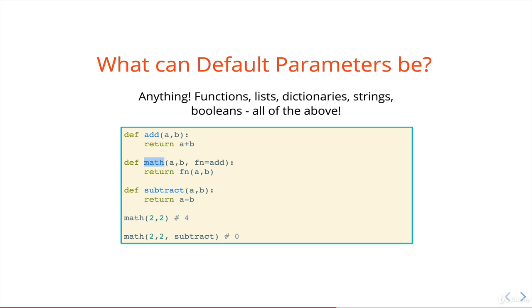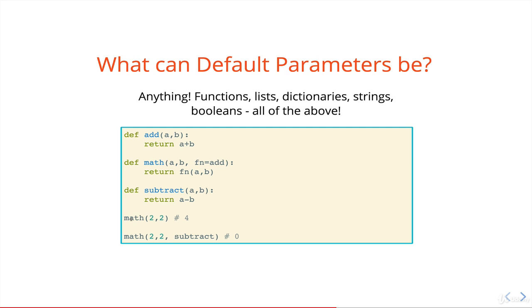Same thing with subtract. We have subtract, which just takes 2 numbers and subtracts a minus b. But then we have this one called math. And math takes 2 numbers, a and b, and something called fn, which is going to be a function, and it defaults to add. What happens inside of math is it just takes whatever function is passed in, and it executes it with a and b.